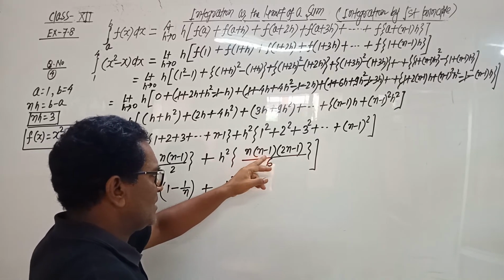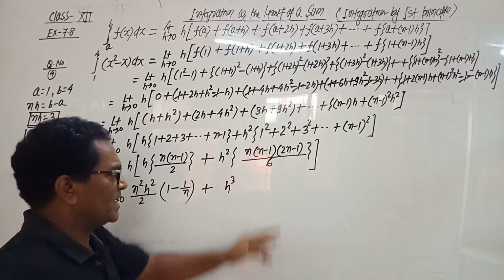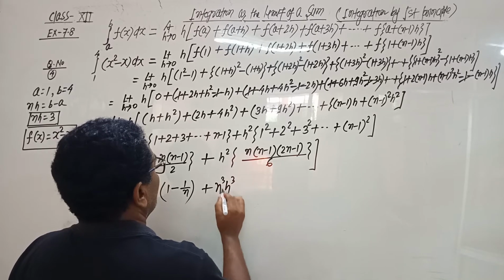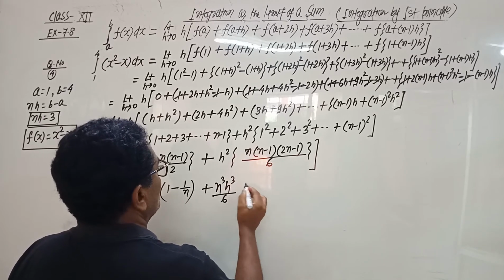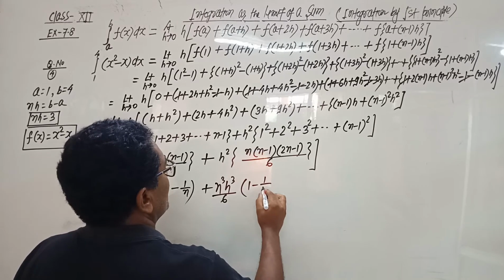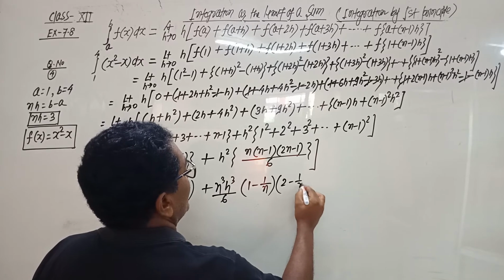One n we have taken common from this bracket and one n is taken common from this bracket. So n into n, we get n cube. So n cube h cube upon 6. And here we have taken n as common, so it comes 1 minus 1 by n, and here 2 minus 1 by n.